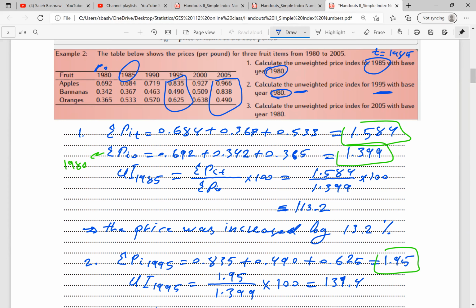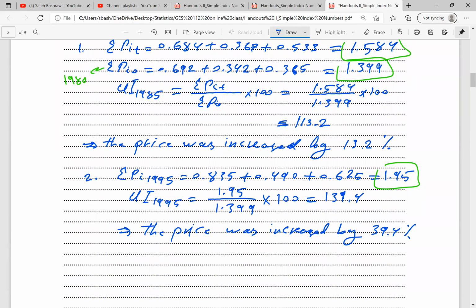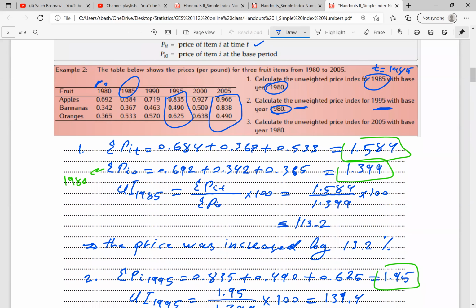That is 2.294 for the third part, and sigma of Pi at 2005 is equal to 2.294. And we are using the same base year, which is 1980.